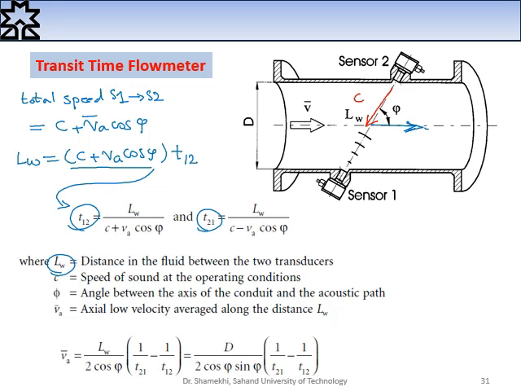As you can see, the projection of this velocity is in the reverse direction of the sound speed. Therefore, the total speed is C minus VA cosine phi.